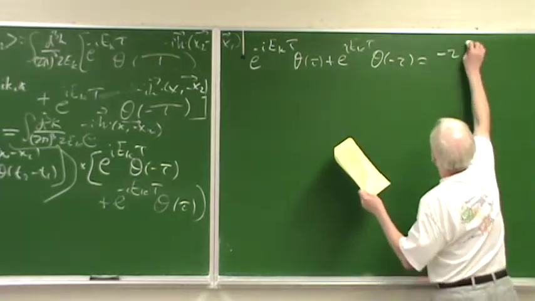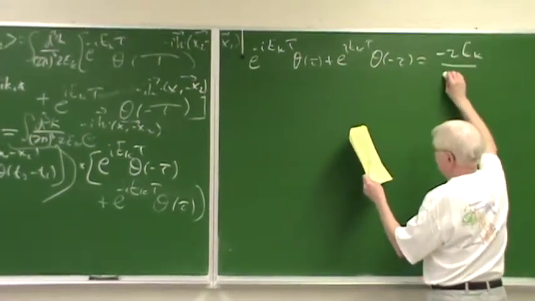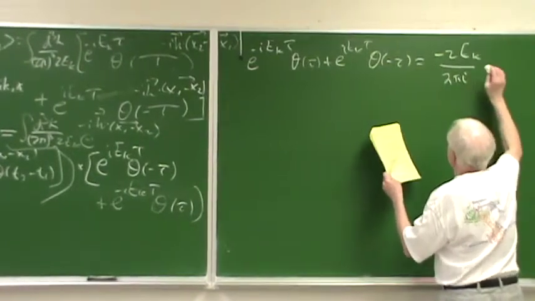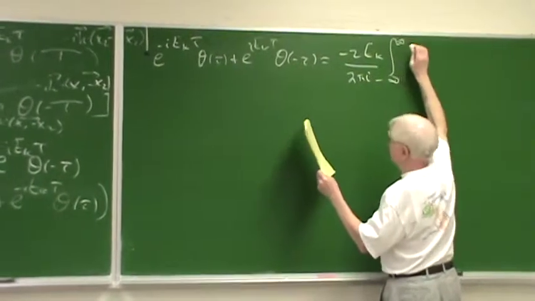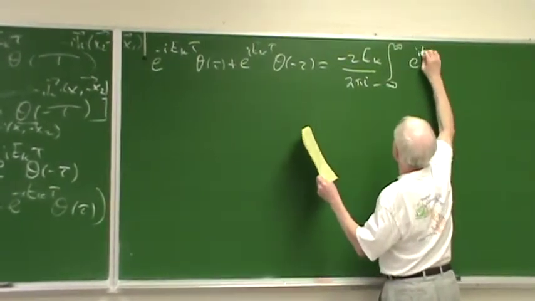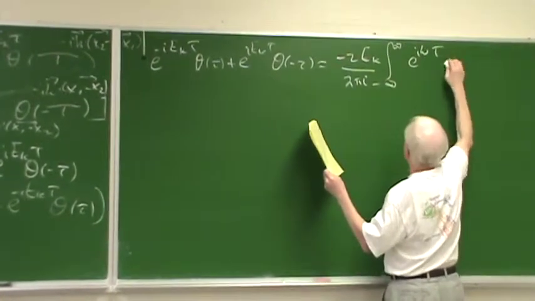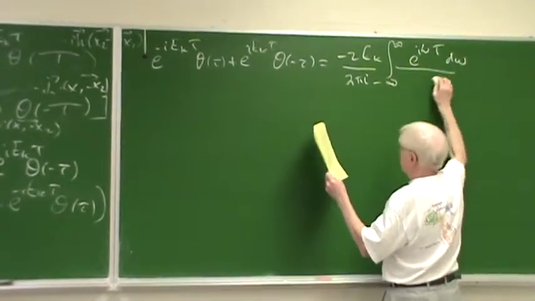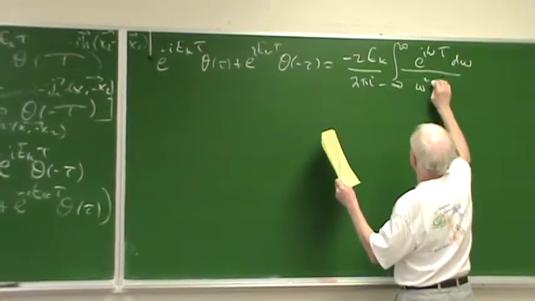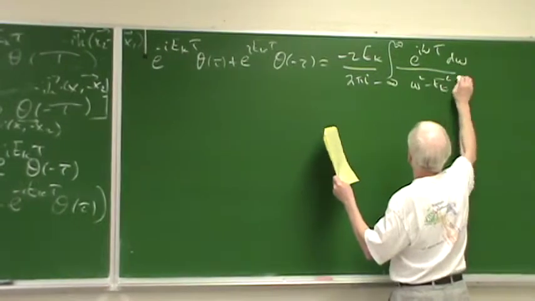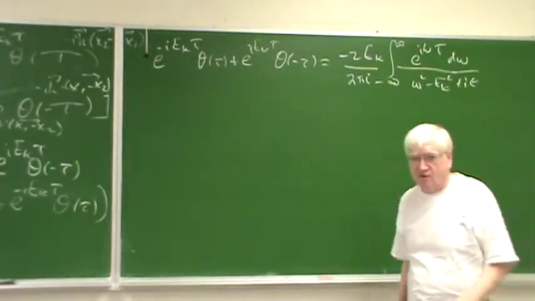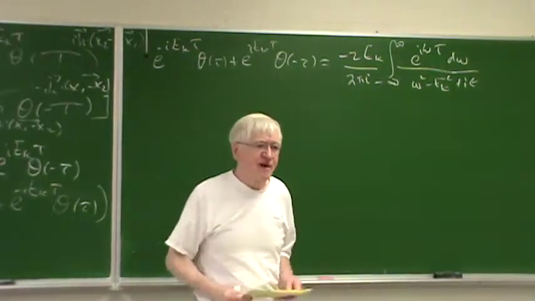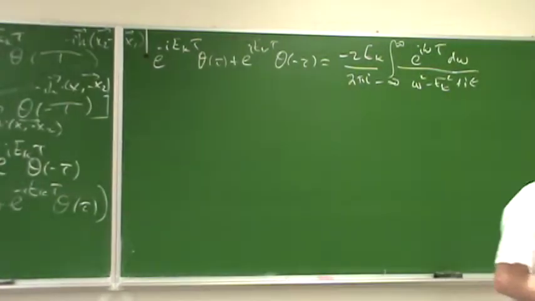I'm just going to write down what it is. Minus 2e_k over 2 pi i, integral from minus infinity to plus infinity, e to the i omega tau d omega over omega squared minus e_k squared plus i epsilon. So it was good that I decided to call that e_k, otherwise we'd have two omegas, we'd be all confused.